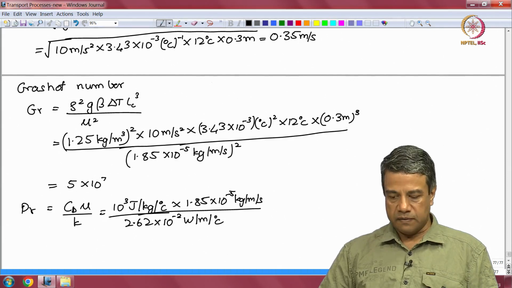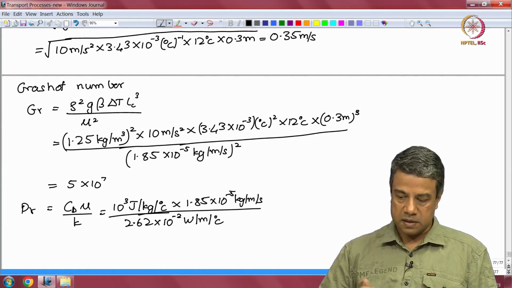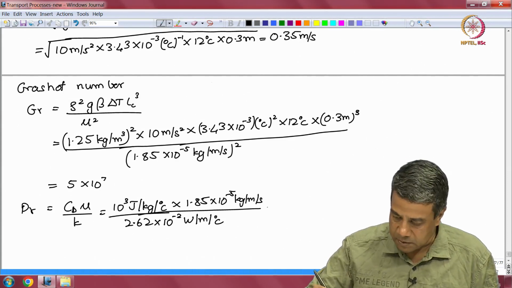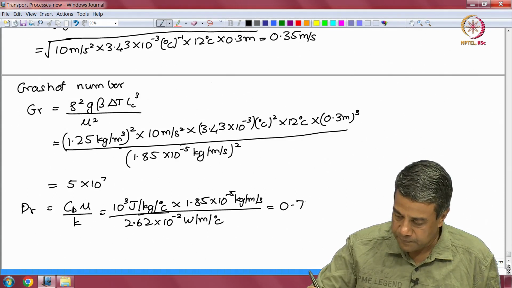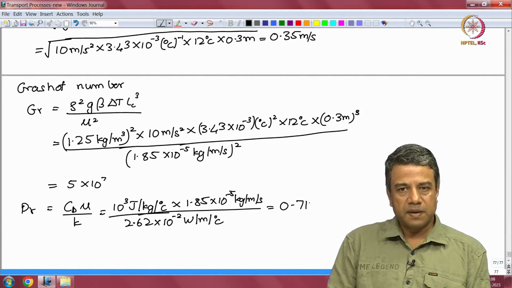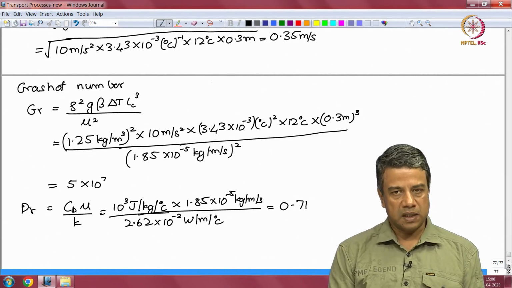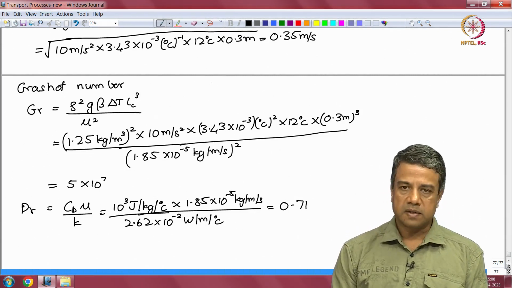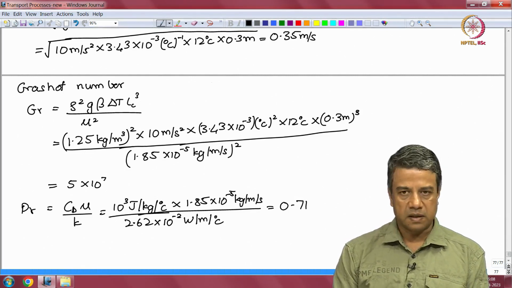You can once again verify that this will turn out to be dimensionless, and the value of this is about 0.71.